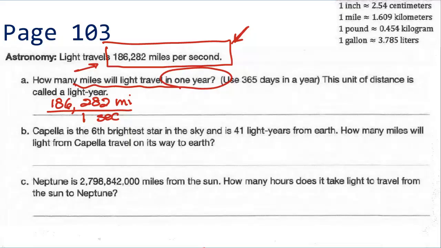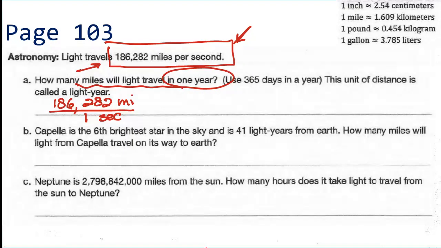So we're trying to get from seconds to years. I am going to multiply by, I want to put seconds on the top, and I know 60 seconds are equivalent to 1 minute.